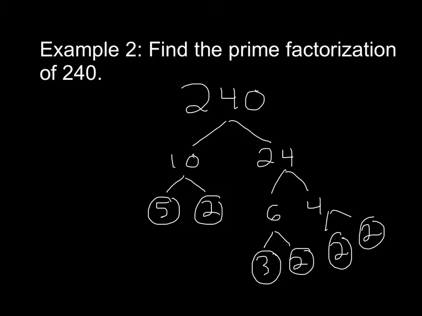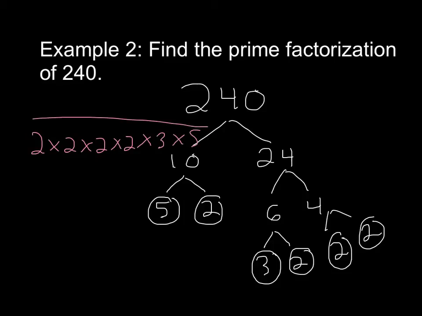I have 4 2's, so I'm going to write it as 2 times 2 times 2 times 2 times, next one would be 3, and then the next one would be 5. So my answer is 2 times 2 times 2 times 2 times 3 times 5, or 2 to the 4th power times 3 times 5.